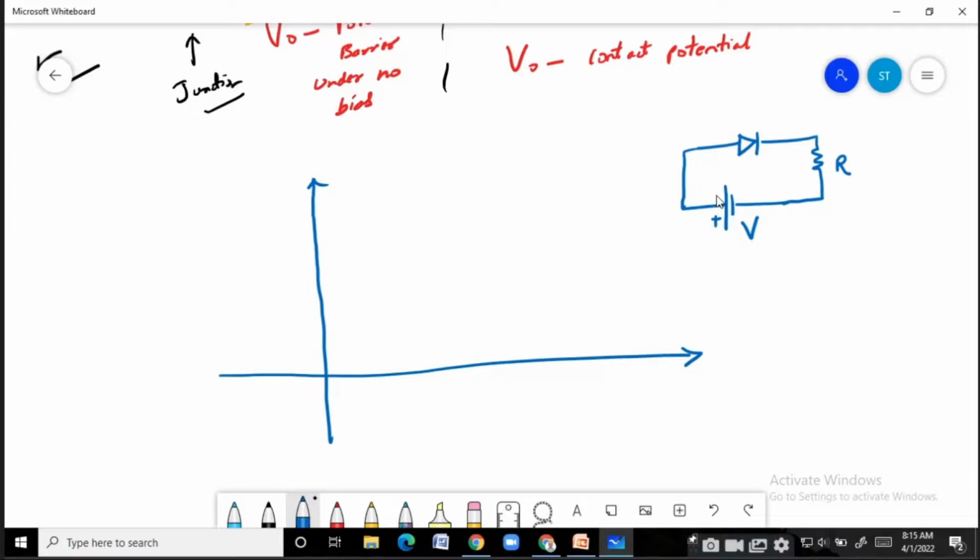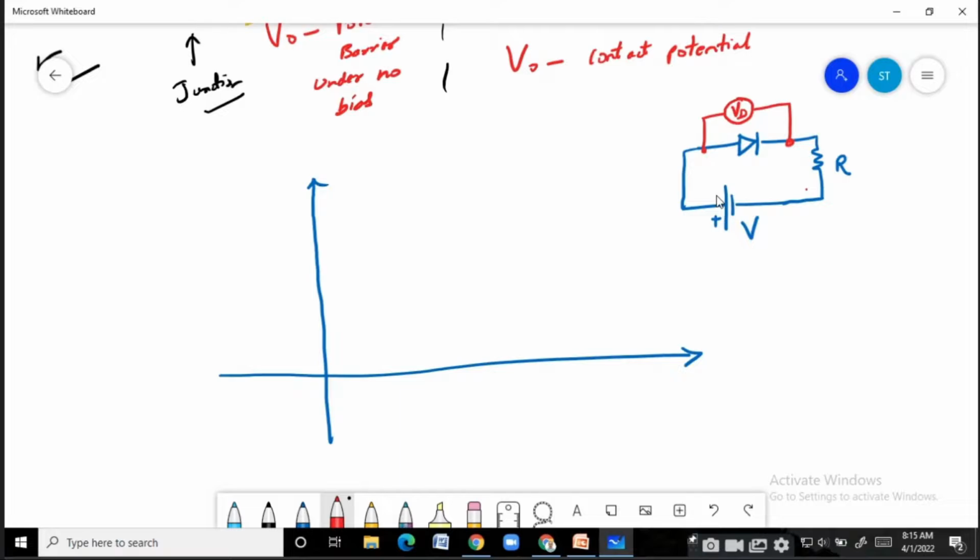So to perform this experiment, you connect a voltmeter in parallel with this diode to measure the voltage across the diode.